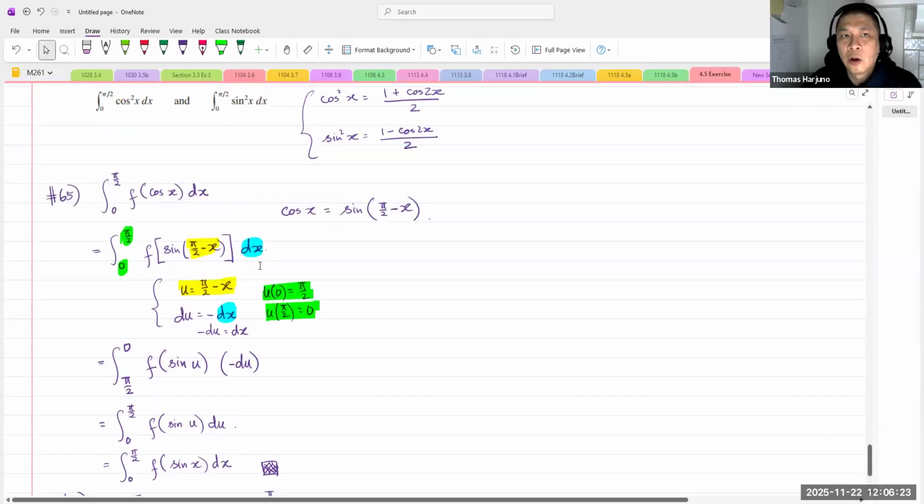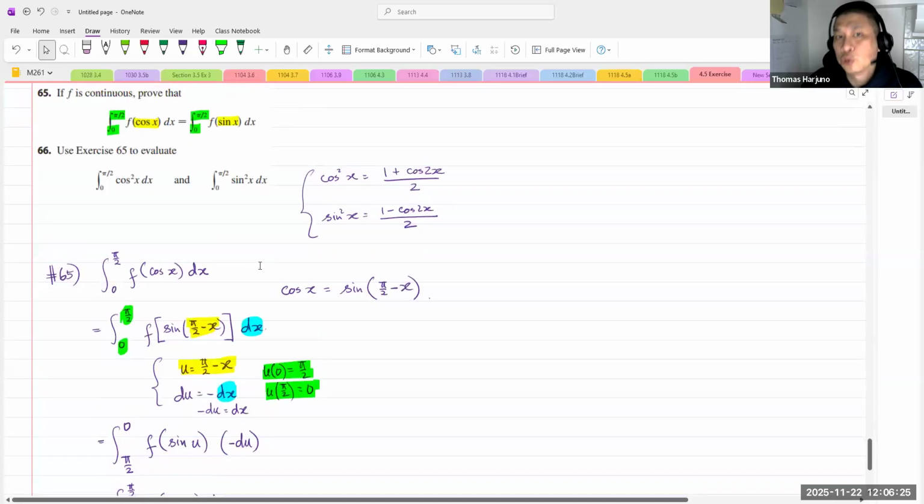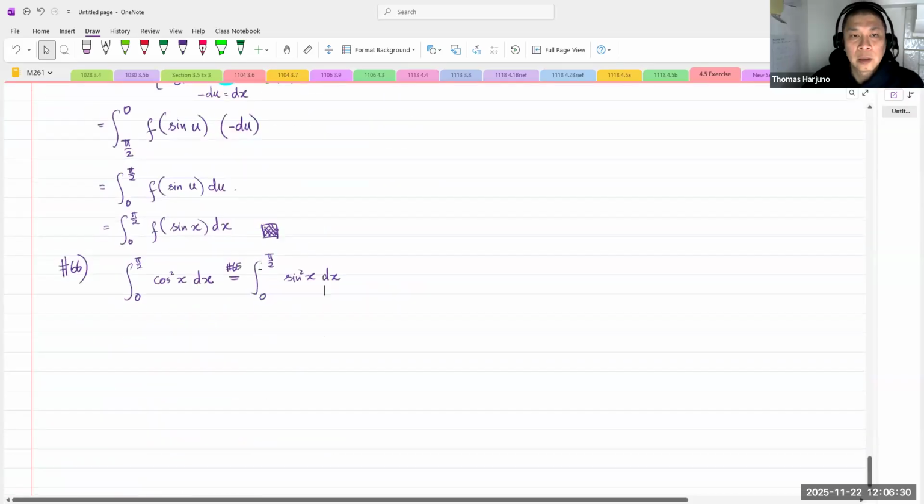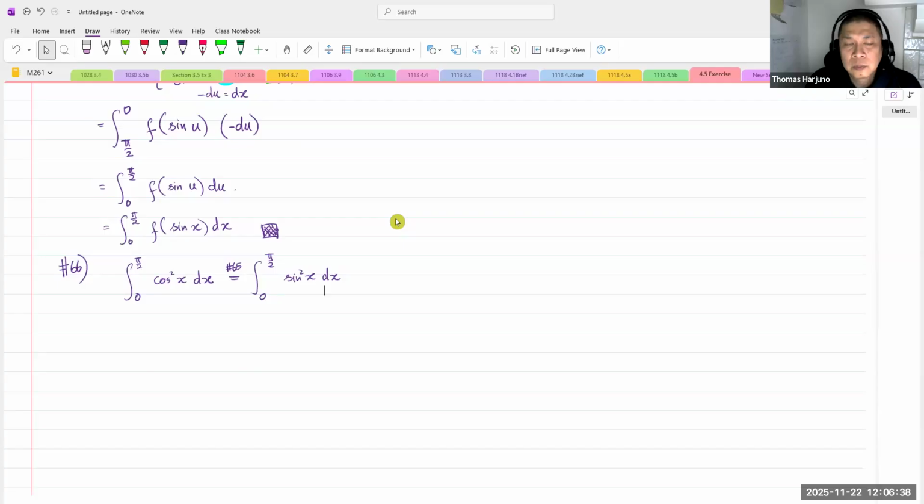This is actually on the conceptual level, but I want to show you that calculus is supposed to go this far. According to number 65, a function of cosine x on the first quadrant, from 0 to pi over 2, has the same integral as a function of sine x.